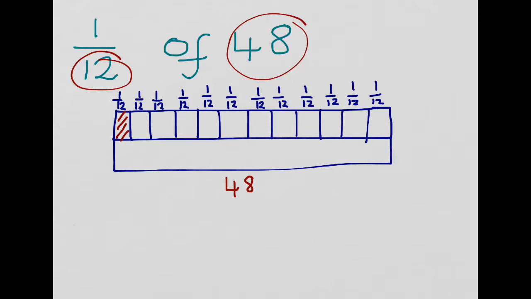If you have, yours might be really accurate, which is fantastic. But each of these pieces should be equal. You can see mine aren't quite. But each of these should be an equal amount, which means I've got 48 and I'm sharing it between 12, and sharing is dividing. So the calculation I need to do is 48 divided by 12.